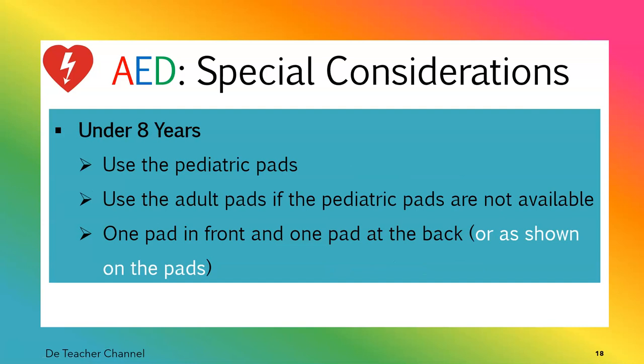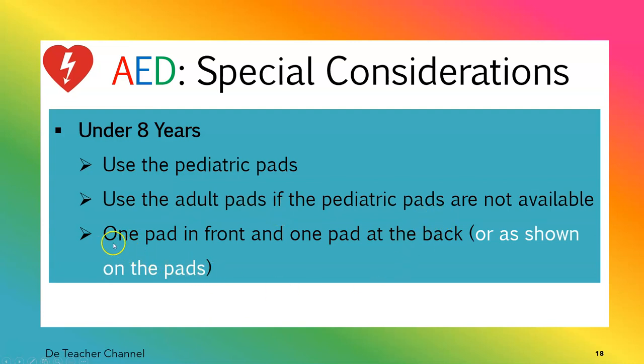If the patient is under 8 years, use the pediatric pads. So look at the carrying case. It may have pediatric pads. If the patient is under 8 years, that is the best to use. However, if you don't have pediatric pads and your patient is under 8 years, you can use the adult pads if that's all you have.